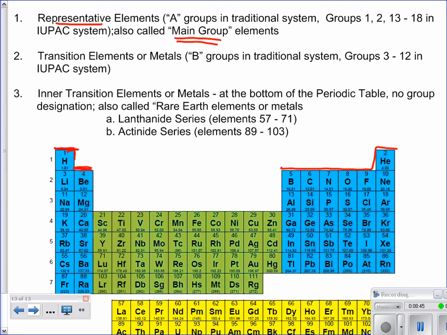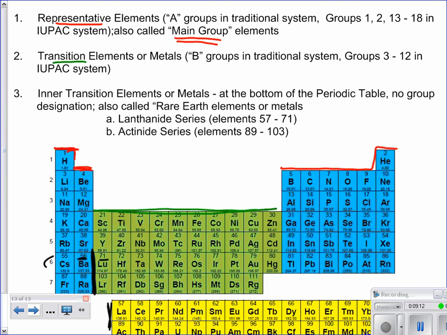As opposed to this drop-down section right here, which is considered the transition elements, also known as transition metals. Finally, if you look down in this little section, numerically we're coming along, we've got 56, then it goes to 71. That's kind of weird. The reason is that this chunk of elements has been removed and put down here.